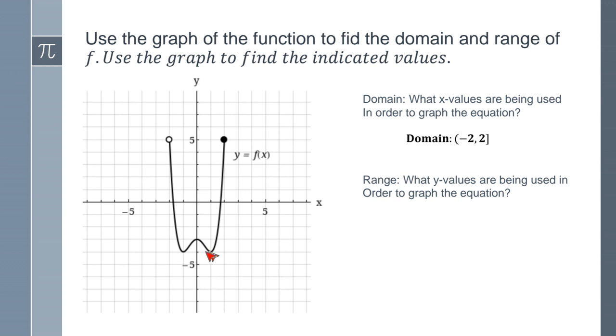Now, this is where it's going to be tricky. All the y values go up to +5. But we have to include 5, because even though it doesn't exist here on the left, it does exist on the right. So the range, when I write it in interval notation, is going to be both brackets: bracket -4 and +5. Again, even though it doesn't exist on the left, it does exist on the right.